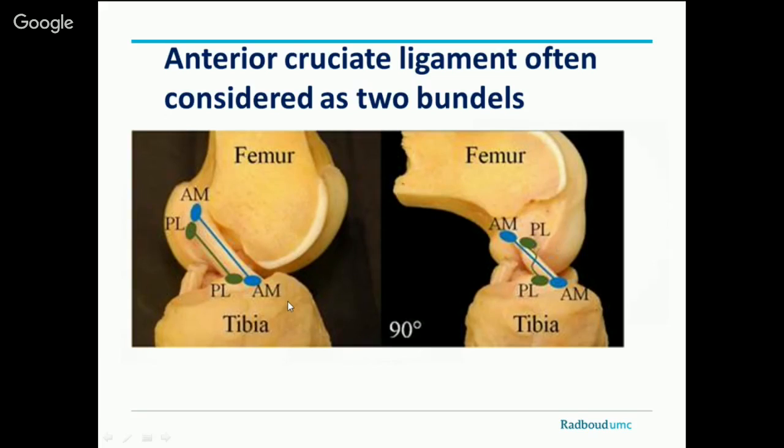So this is in extension, this is in 90 degrees of flexion. If you have two different bundles, you can imagine that they become active at different flexion angles. So the anterior medial bundle is active at 90 degrees of flexion, but the posterior lateral bundle is not active. You can see it's slack. So that has consequences for the modeling.